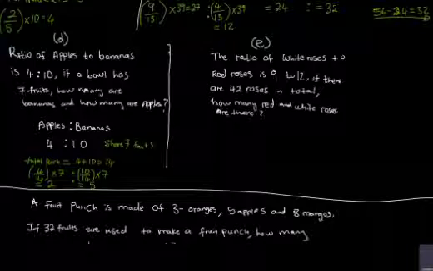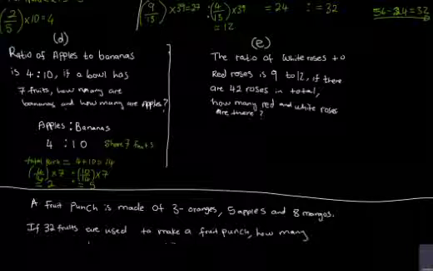Right. What if you were told that the ratio of white roses to red roses is 9:12, if there are 42 roses in total, how many red and white roses are there? So you do the same thing, do your ratios.